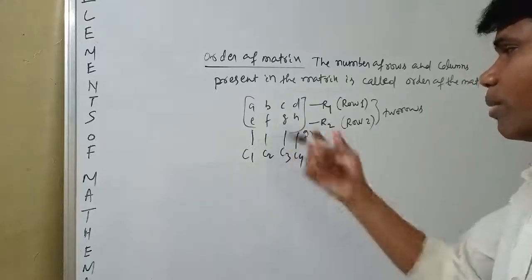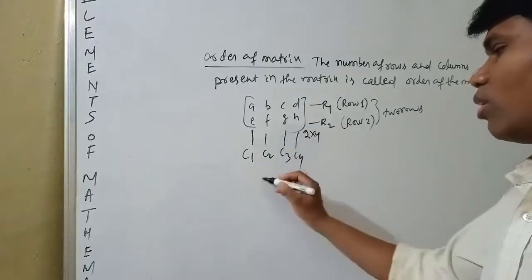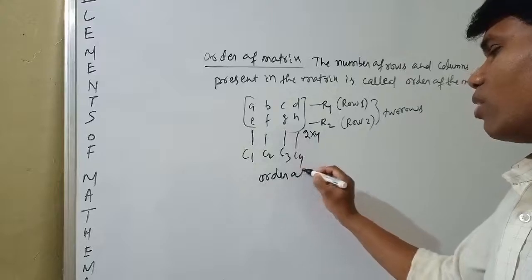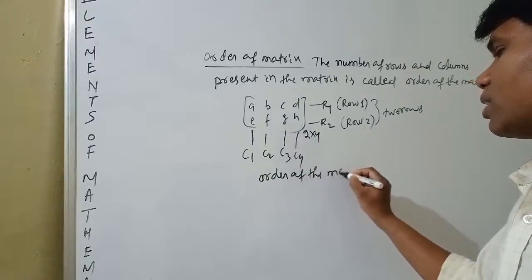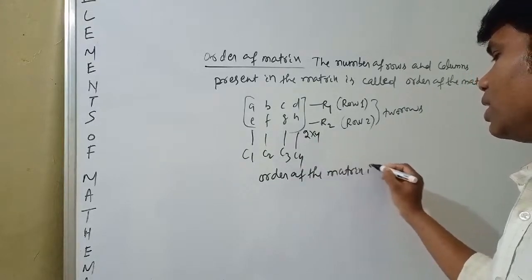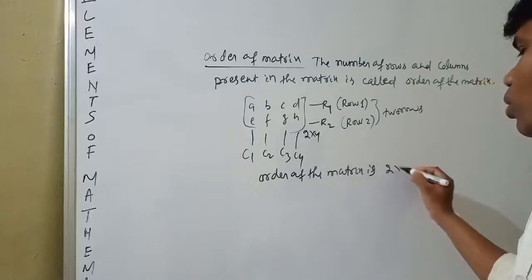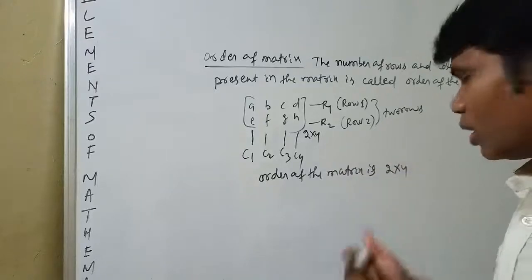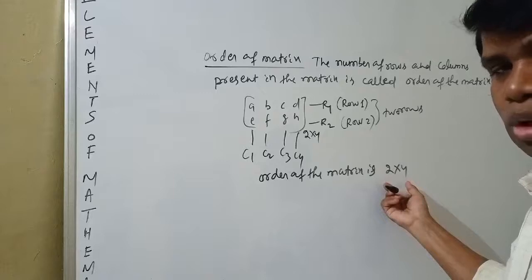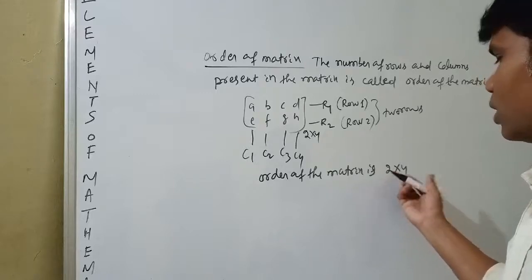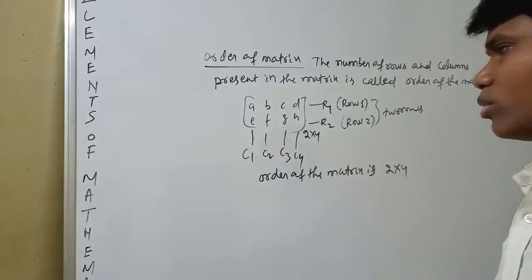So the order of the matrix is 2 cross 4. We have to say 2 cross 4, not 2 multiplication 4.